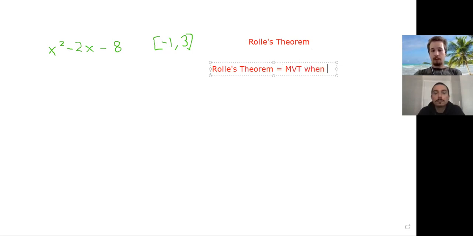It's MVT when the average slope is 0. So if you see Rolle's theorem on the AP test, think MVT. You can do them the same way. And so I just wanted to introduce this term to you guys so you're not confused if you ever see Rolle's theorem on the AP test.